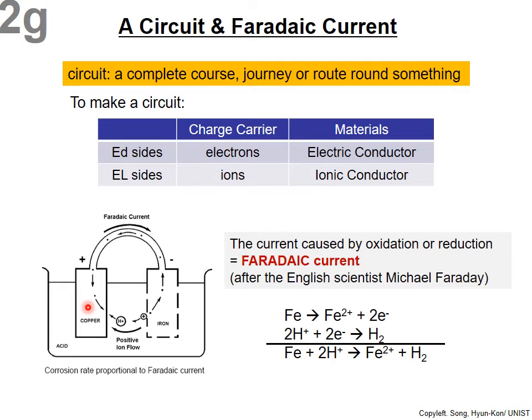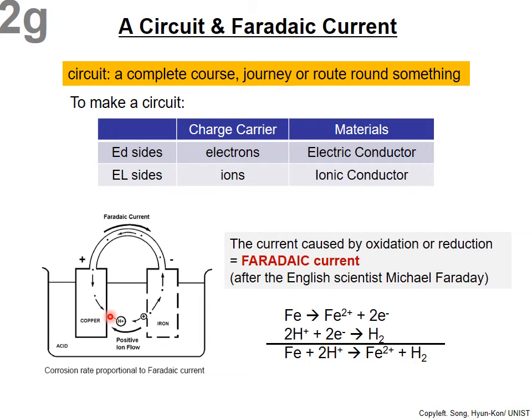And the second one is found on the electrolyte side. Right now, Fe2+ is generated and moving to the copper. Also, a lot of protons are there, and the protons are moving to the copper electrode. So this is called the ionic pathway, which is found in the electrolyte.